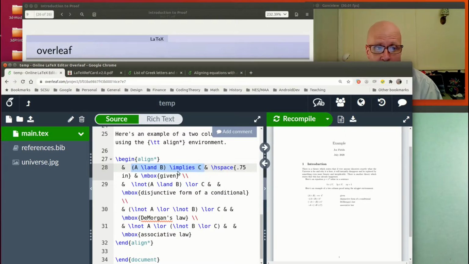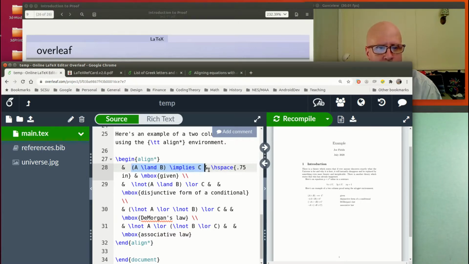I mean, slash implies makes sense. That's the arrow. The and symbol is not created with slash and, it's created with slash land, because there's another place where we have and. And so this means logical and. We're doing logical and, land. A land B implies C.